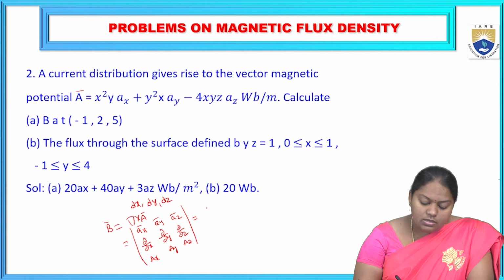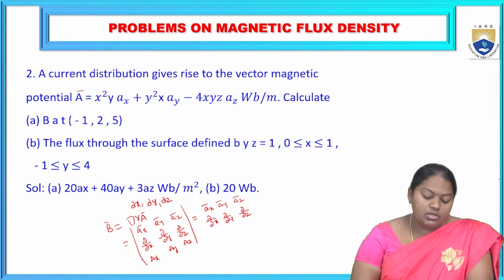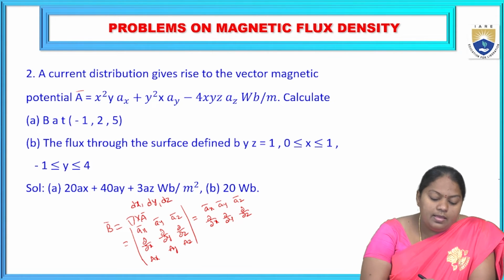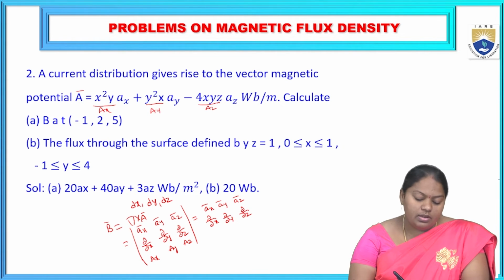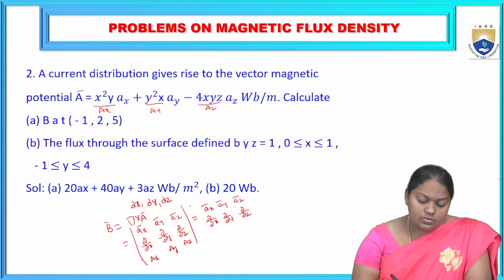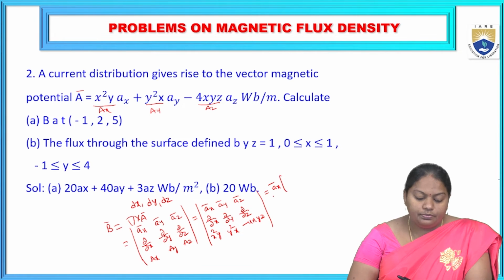Now we substitute the magnitudes: Ax is x square y, Ay is y square x, and Az is minus 4xyz.